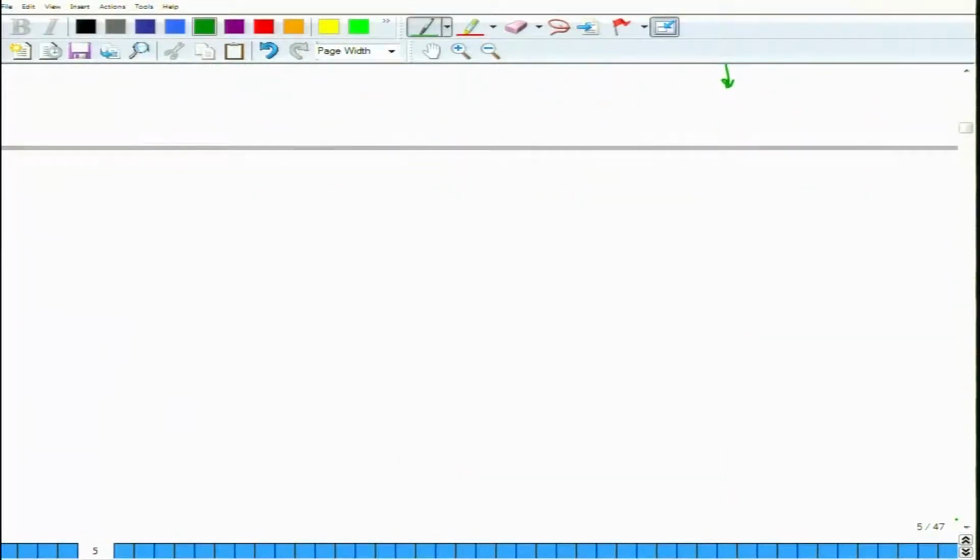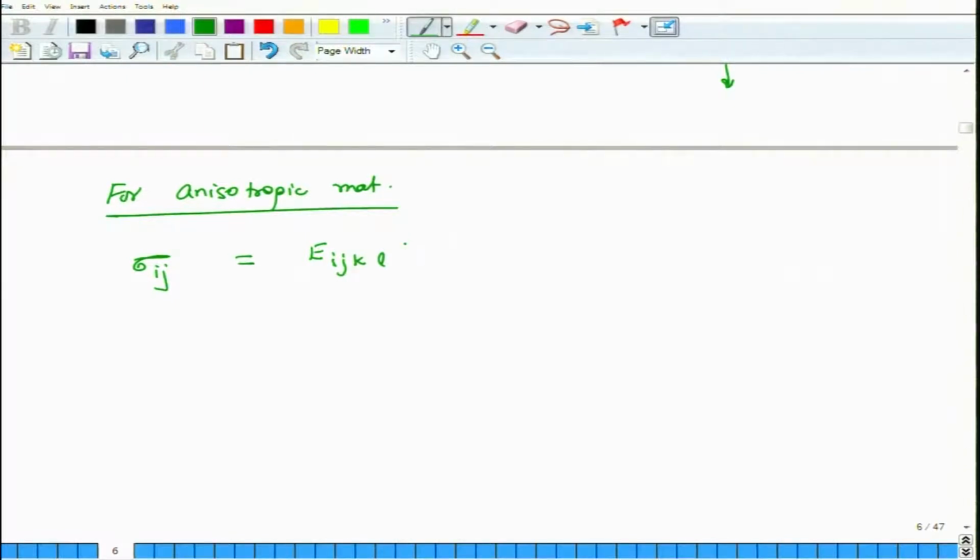So, in general, for anisotropic material, we can say that sigma ij equals E ijkl, E is the 4th order tensor, times epsilon kl, and then I have to add them up.